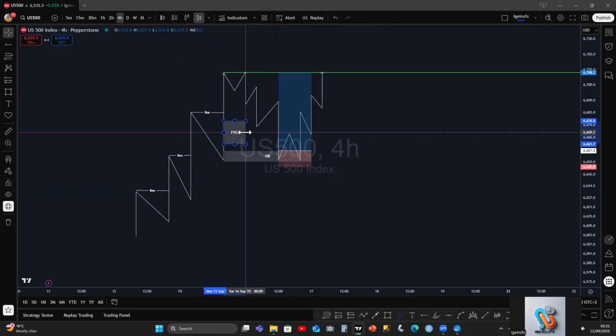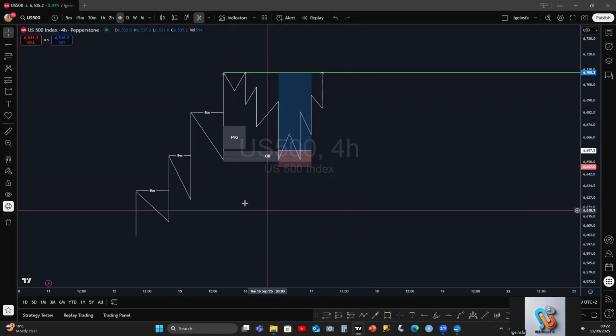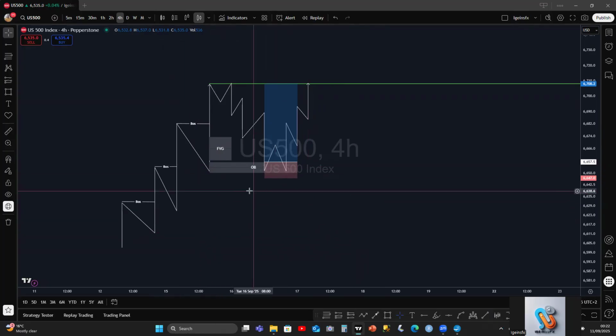You always make sure there's FVG close to the origin. What causes FVG is that price after this retracement will now push with full force as it's going higher, leaving a gap. All right, that is to tell you that the banks, the financial institutions, they are involved in the market. And another thing is that there must be what?